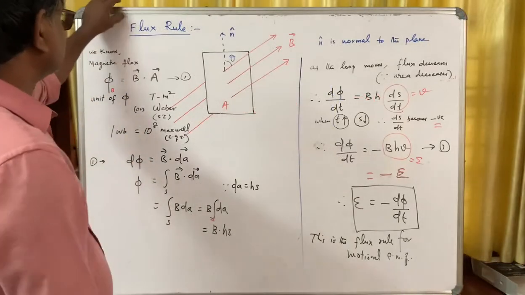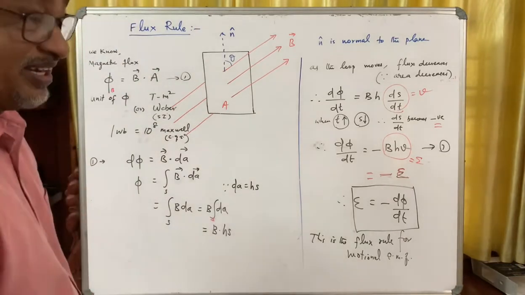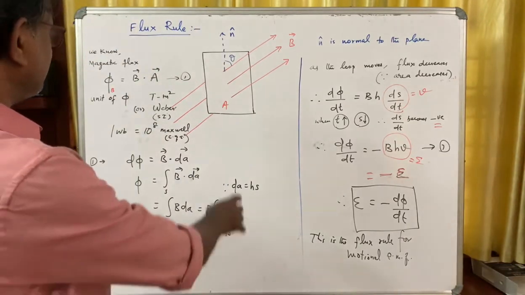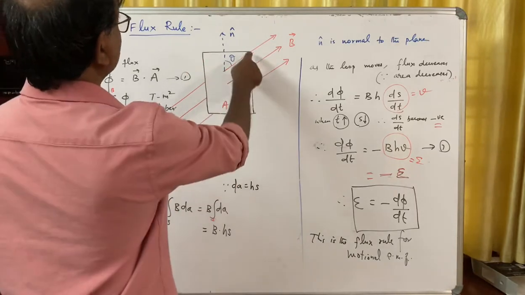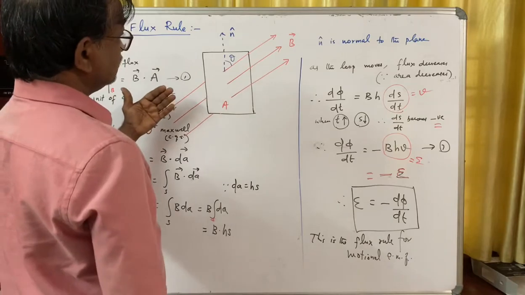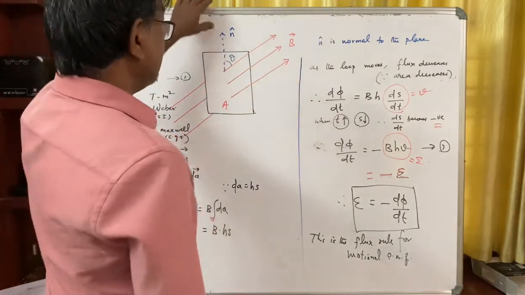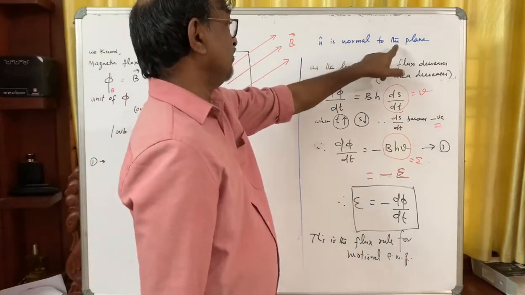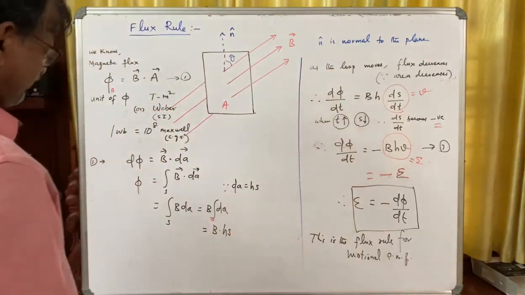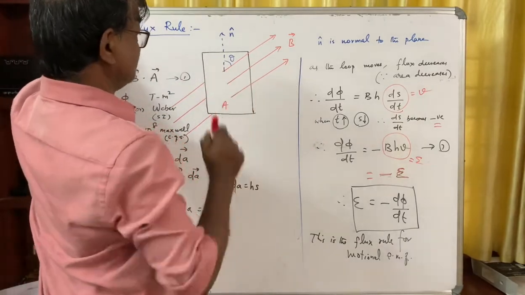Now we have to discuss the flux rule in electromagnetic induction. Consider a small area through which the magnetic field is passing. B represents the magnetic field, and n is the normal to the plane, acting in this direction.